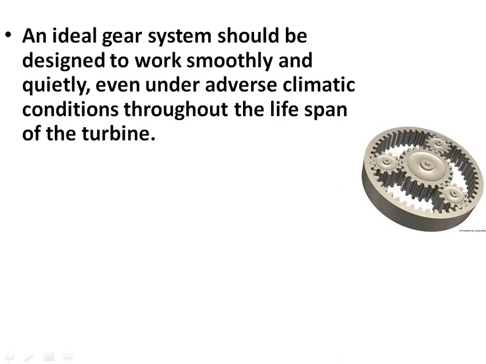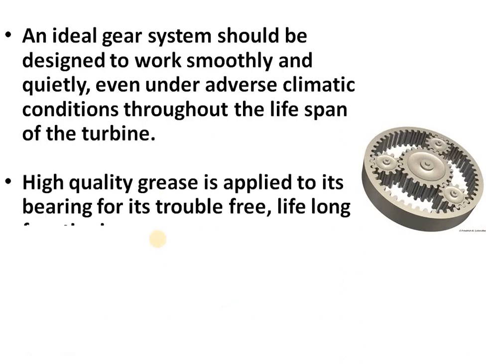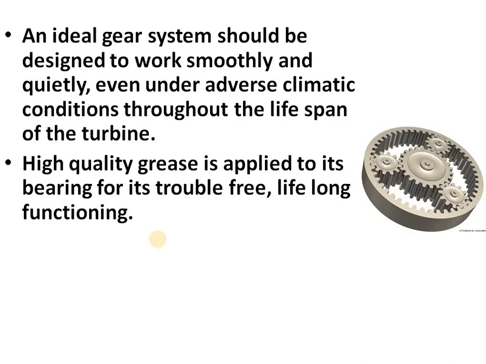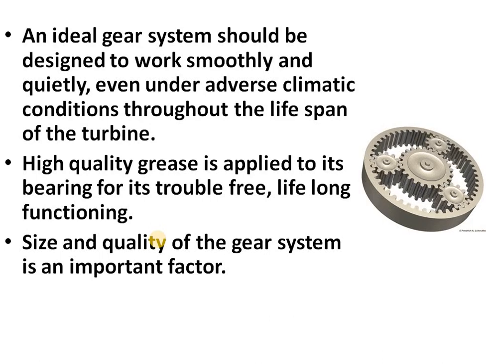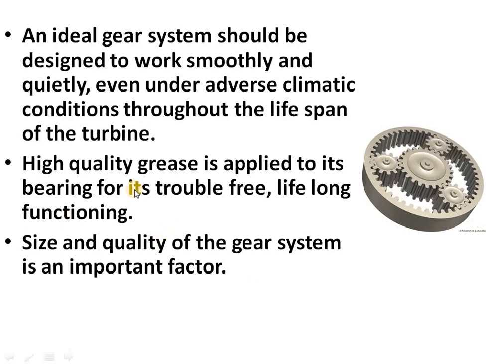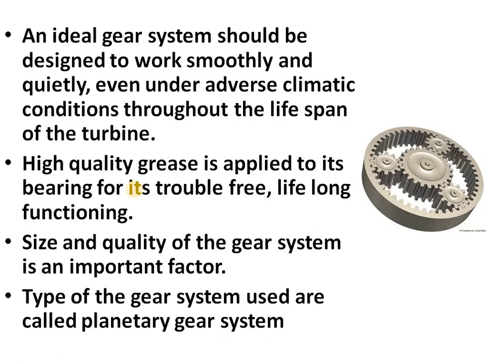Accordingly, they are usually made with very strong alloys and are properly lubricated. Reliability is good, they have a long life, and quality of the gearbox is very important. These are all engineering details. You don't need it actually.